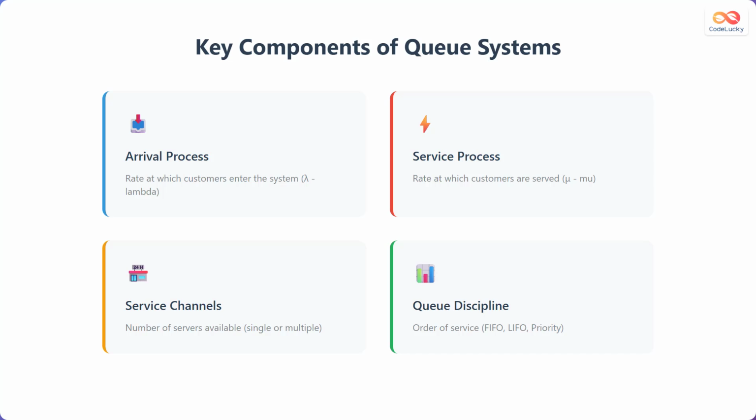Then, there are service channels, which indicate the number of servers available to provide service. This can be a single server or multiple servers working in parallel. Finally, we have the queue discipline, which defines the order in which customers are served. Common queue disciplines include first in, first out or FIFO, last in, first out or LIFO, and priority-based service.